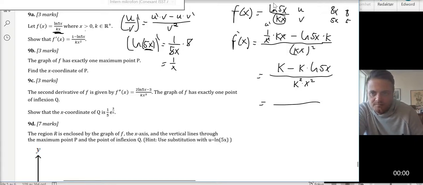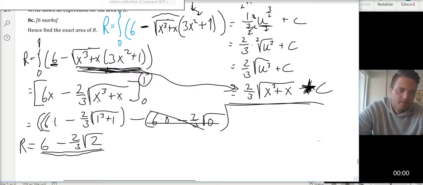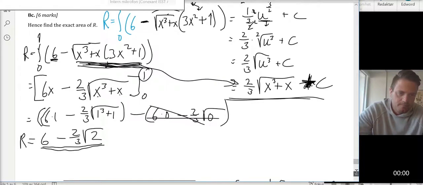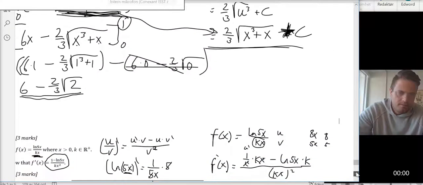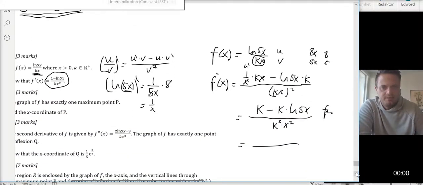And we're getting closer to what the answer should be here. And we see that we can factorize the denominator here. Here we have k in common. We have two terms, k is in common. Put k outside the bracket here. Then we have nothing left there. So it's 1 minus ln of 5x divided by k squared times x squared.